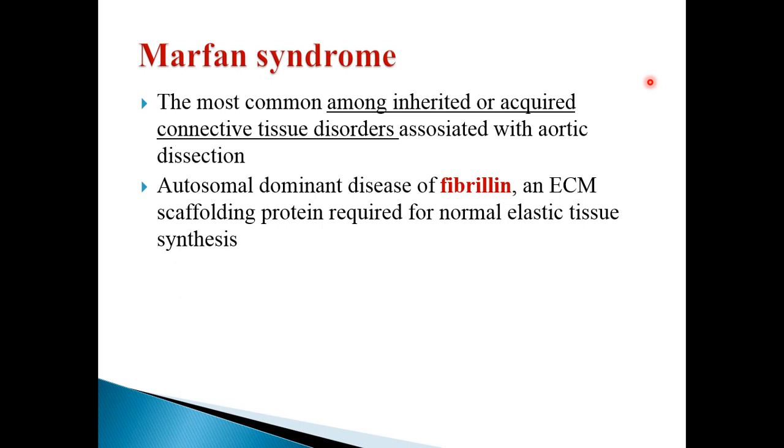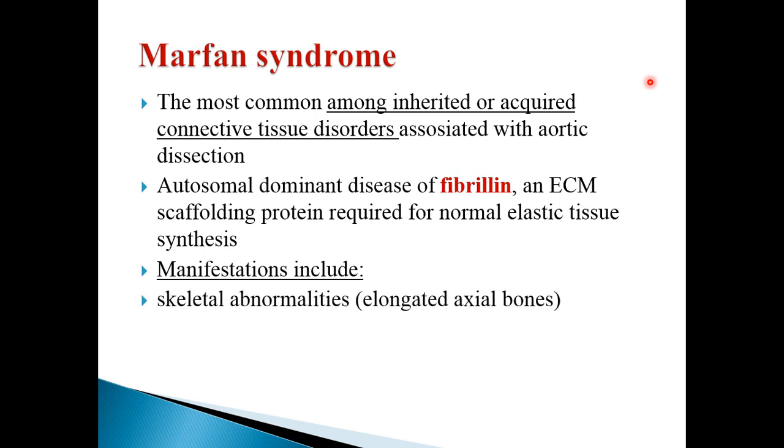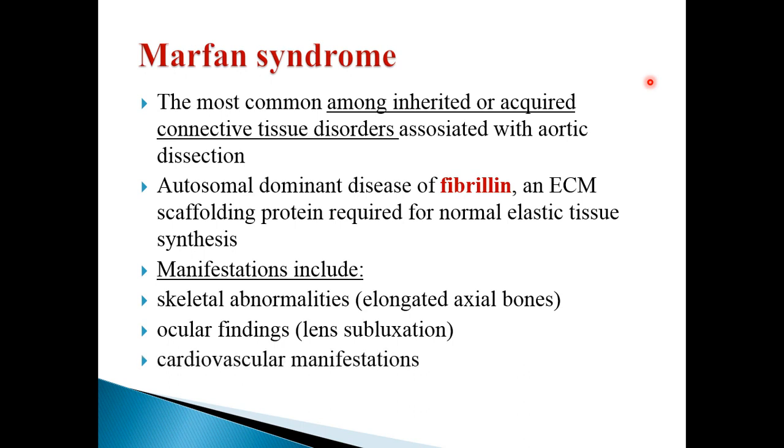Fibrillin is an extracellular matrix scaffolding protein that is required for normal elastic tissue synthesis and maintenance. Manifestations of Marfan syndrome involve skeletal abnormalities, for example, elongated axial bones, some ocular findings, for example, lens subluxation, and most importantly, cardiovascular manifestations, including aortic dissection.